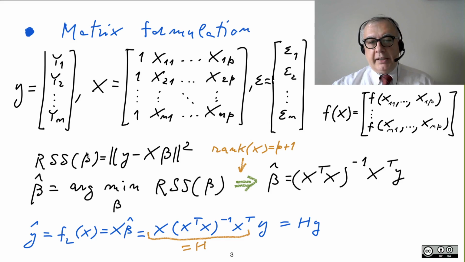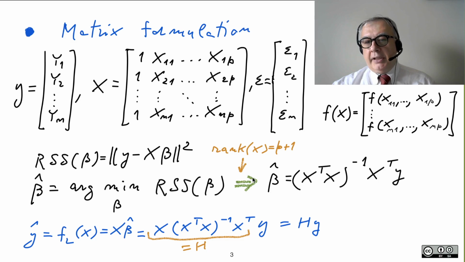Of course, we are interested in minimizing the sum of squares that, according to this matrix notation, can be written as the difference between this vector and the product X beta. Beta is a vector made of the p plus 1 coefficients beta j, and the least squares estimate is just the vector beta hat that minimizes RSS of beta, the residual sum of squares.